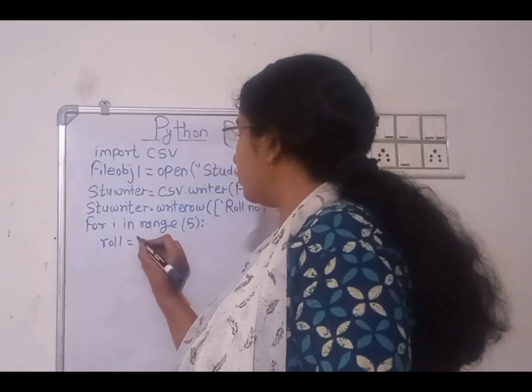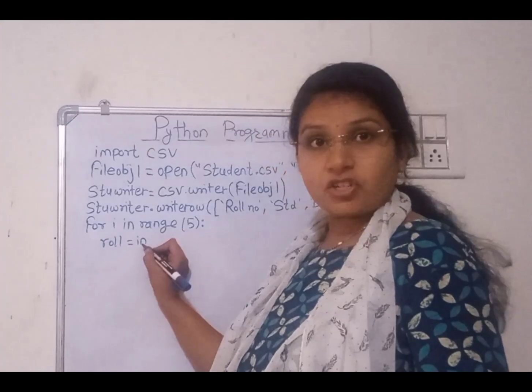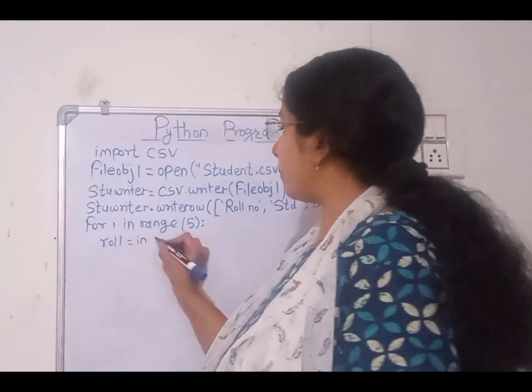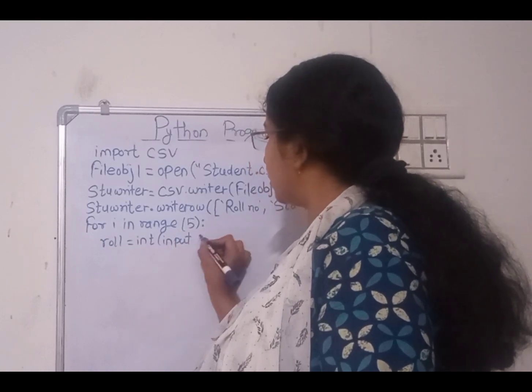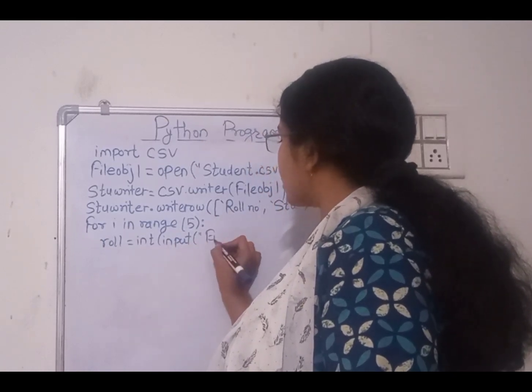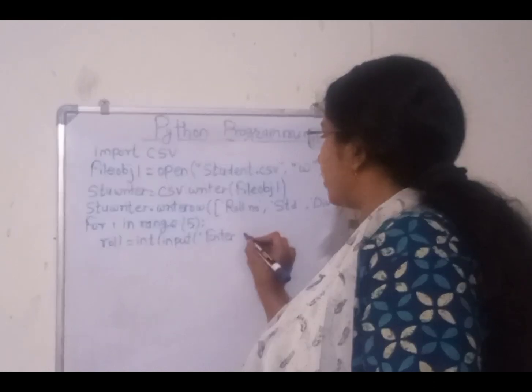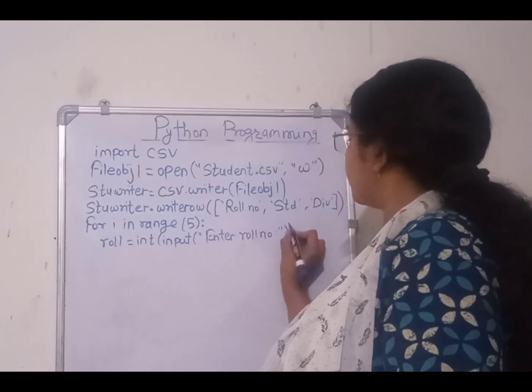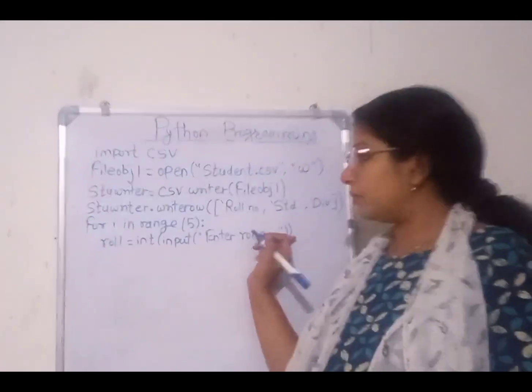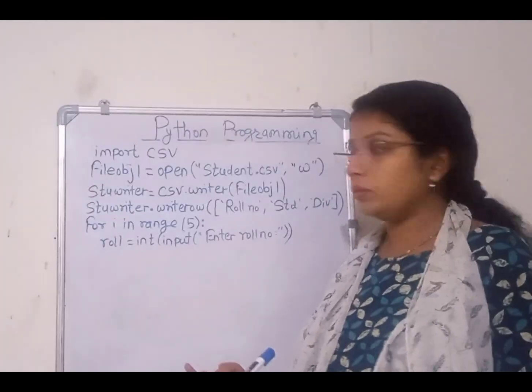Roll is equal to, roll number will be in integer format. So integer input, and then just ask the user to enter roll number. User will enter roll number, that roll number will be placed into roll.